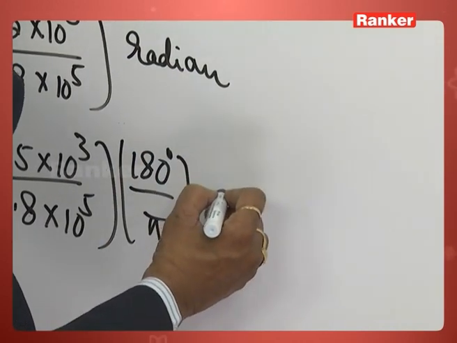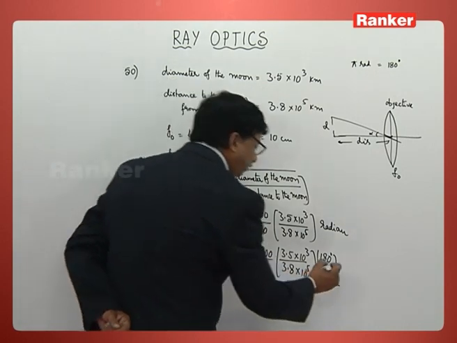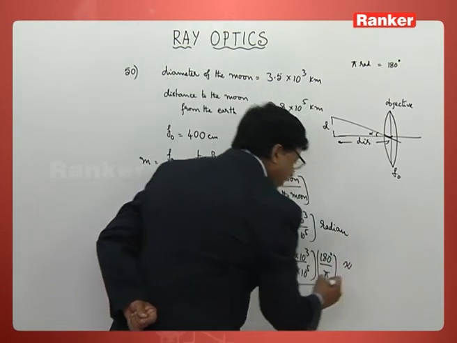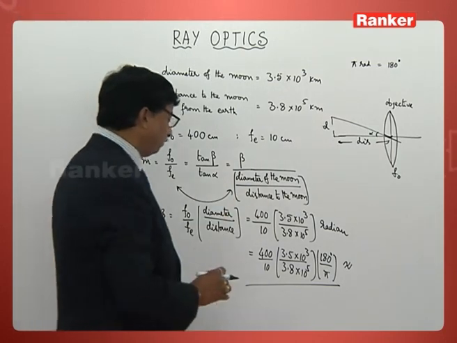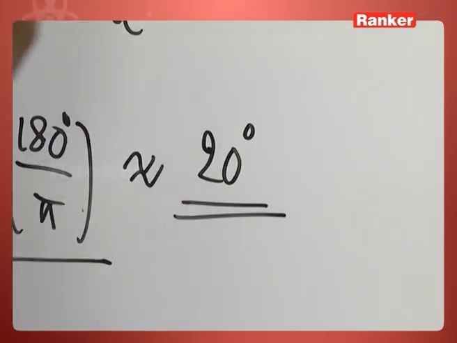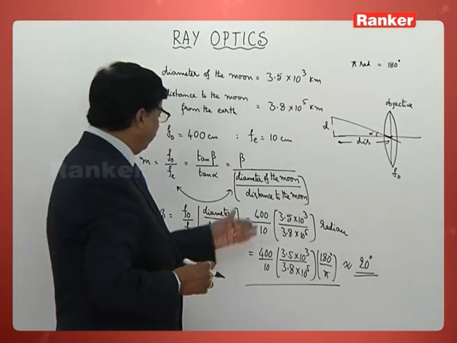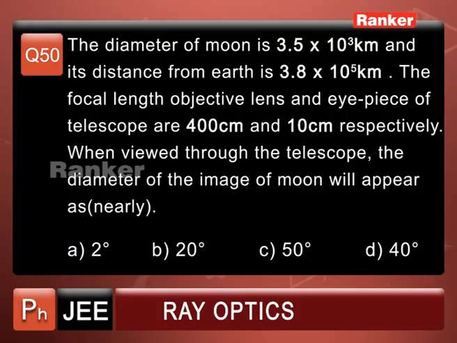You get the answer in degrees. If you simplify this calculation, it comes to be very close to 20 degrees. The options are 2 degrees, 20 degrees, 50 degrees and 40 degrees.